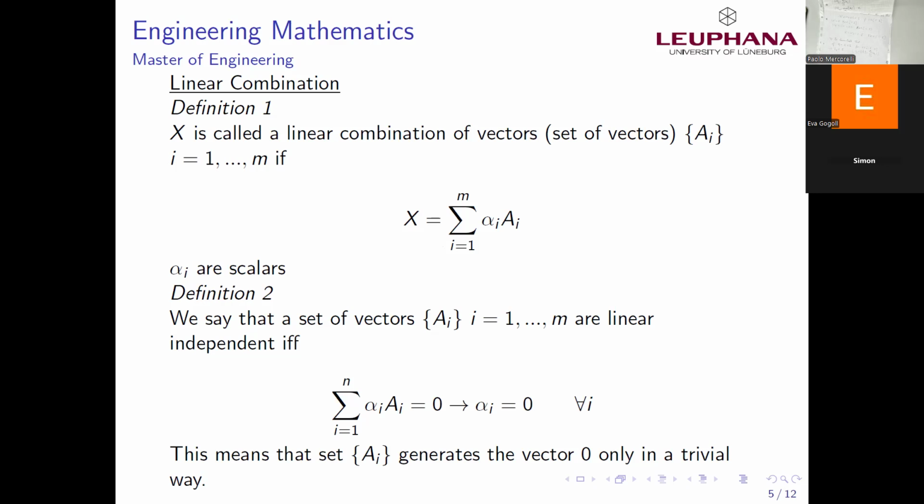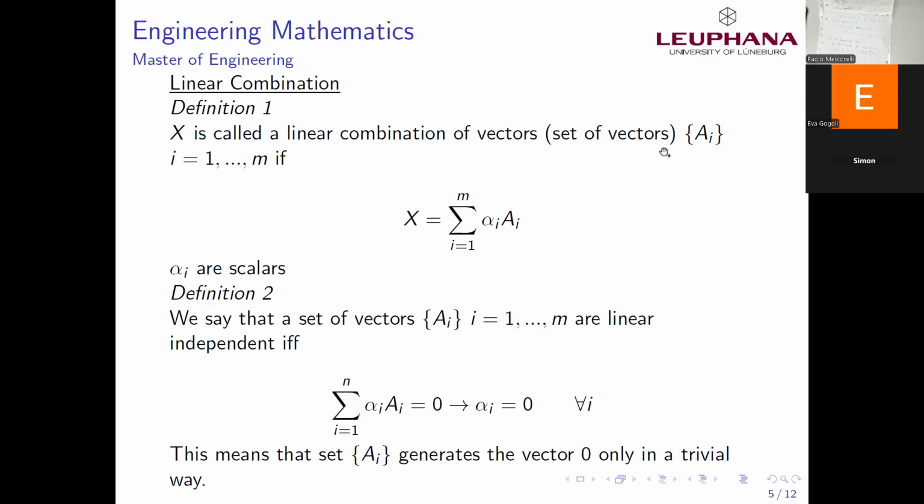Linear combination of vectors. We have a first definition here. Let me move this. We say that X is called a linear combination of vectors, or we can say a set of vectors, I think this is more appropriate in this language. Anyway, we have vectors, to simplify the notation, that can be seen as a set. We can see here A_i with i from 1 until n.